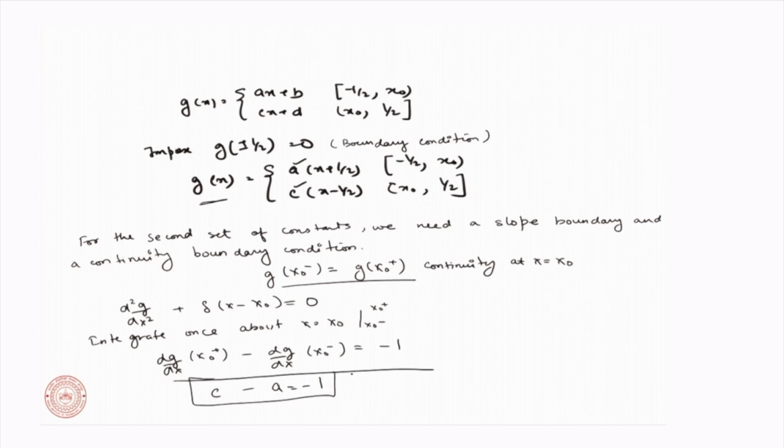For the second equation, we will take our continuity about x naught. So using our continuity about x naught, we can get that a of x naught plus 1 by 2 is equal to c of x naught minus 1 by 2, at x equals x naught.